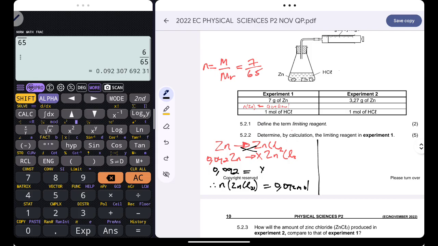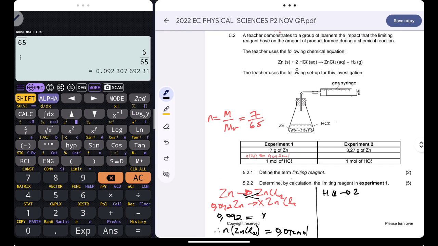Okay, and then let me check using the hydrochloric acid. I know that 1 HCl will always give me, not one, rather, according to the reaction it is 2 of them. It's 2 HCl will always give me 2 zinc chlorides, but now I have 1 of them. Are you together?